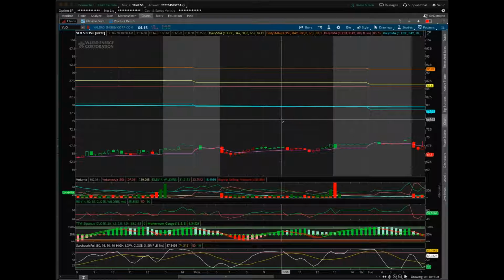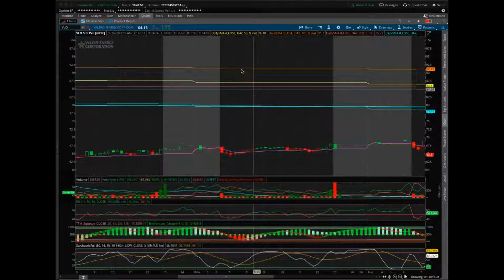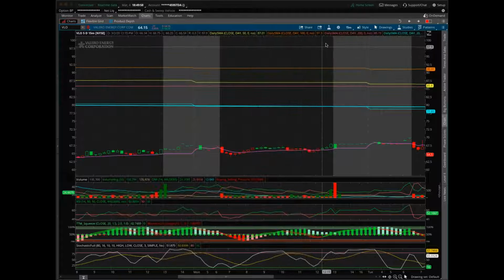Oh, I'm sorry. There's one thing I forgot to mention to you guys, because the system automatically does this. We got to go to chart settings here.